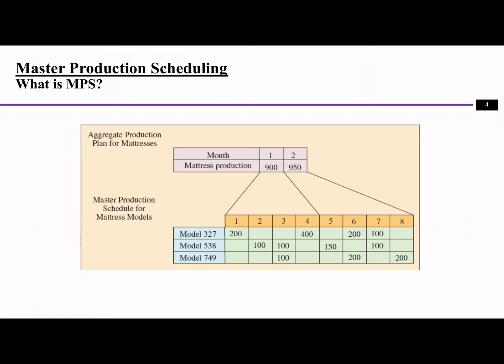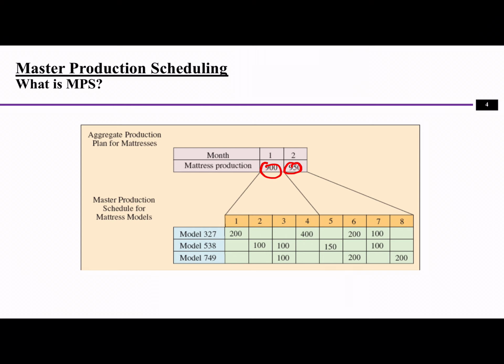Model 377 we need 200, and model 538 we need 100. Then we also have some other 100 and 400 items. So this gives us a decomposition of the different models needed within the bigger scope of 900 products that we need to produce over the whole month. Same with 950, which can be further decomposed into different models.